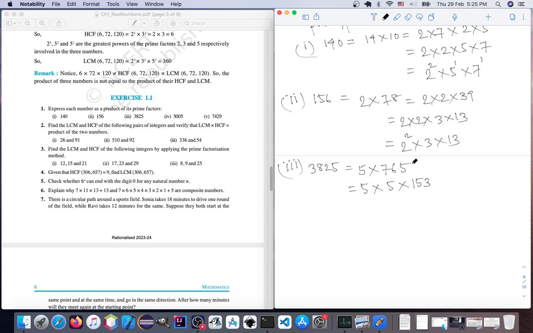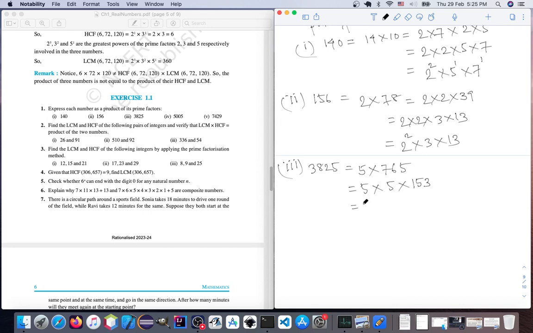Now 153 is a prime number, I guess. It cannot have further prime factors. Oh no, it will. So let me check once again. 5 into 7, 35, 3, 6, 30, 225, okay. 765, if we break it down further, we have 5 into 153, okay.